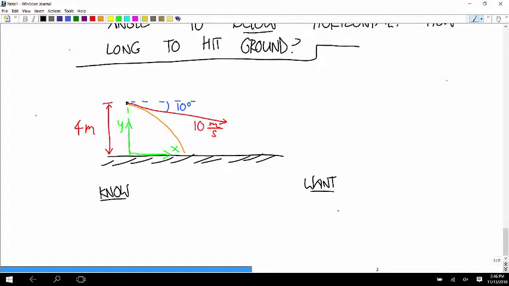Okay, so we're trying to find time final. The acceleration vector is 0, negative 9.81.